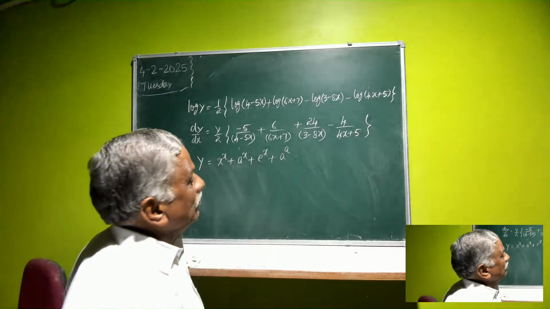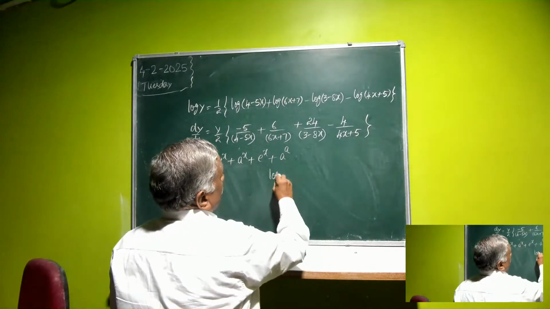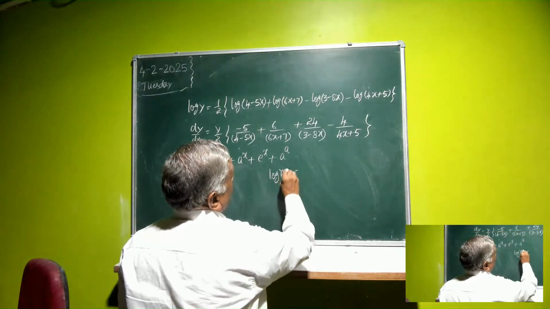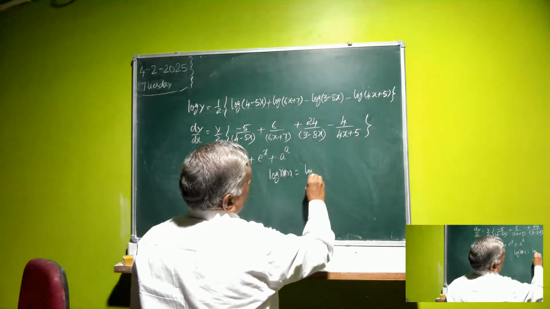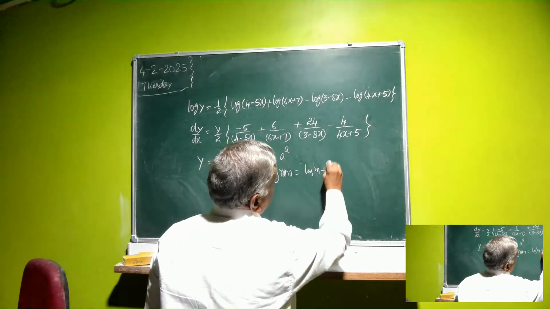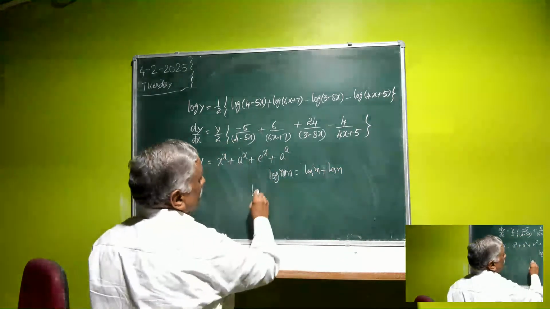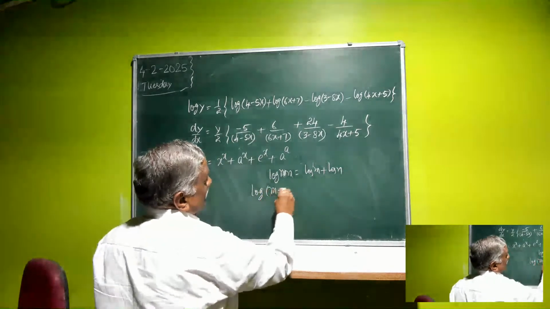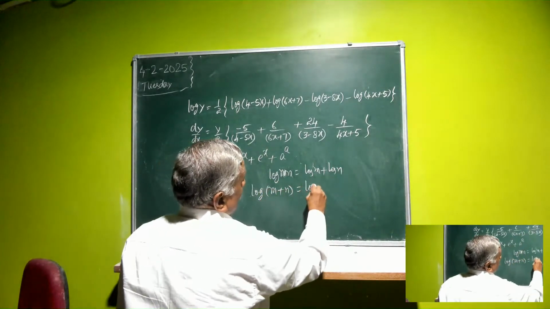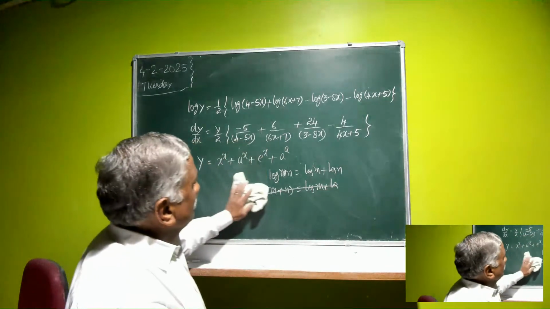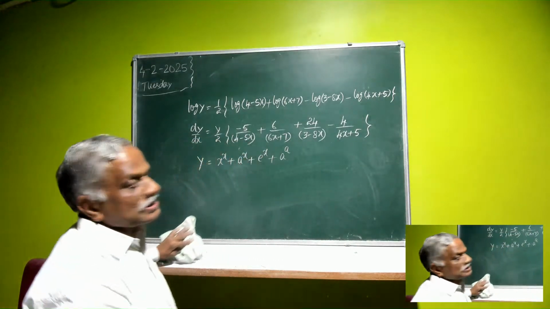Because we have a formula log mn is log m plus log n, but we don't have a formula for log of m plus n. This formula is not there. So this problem is given just to confuse you.